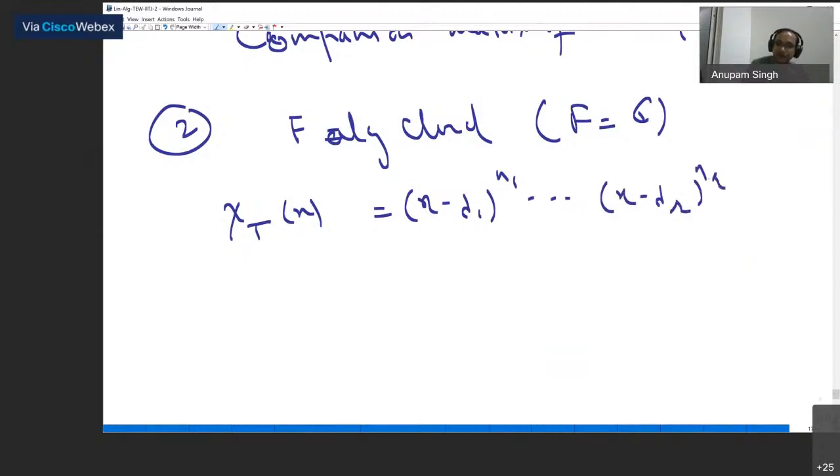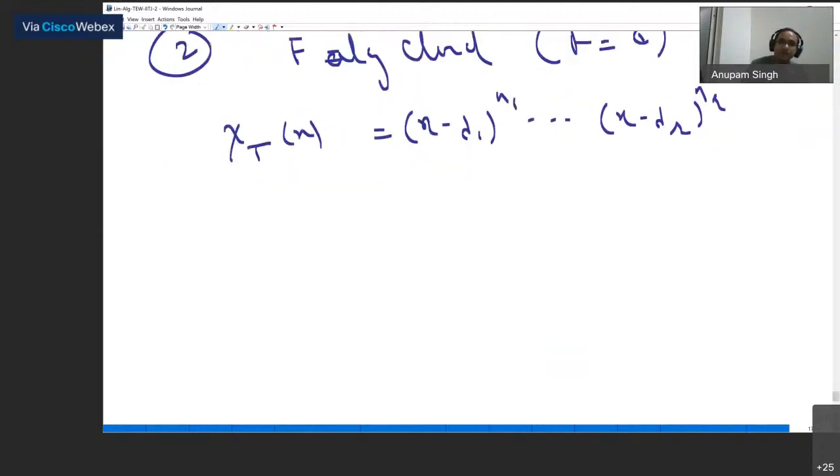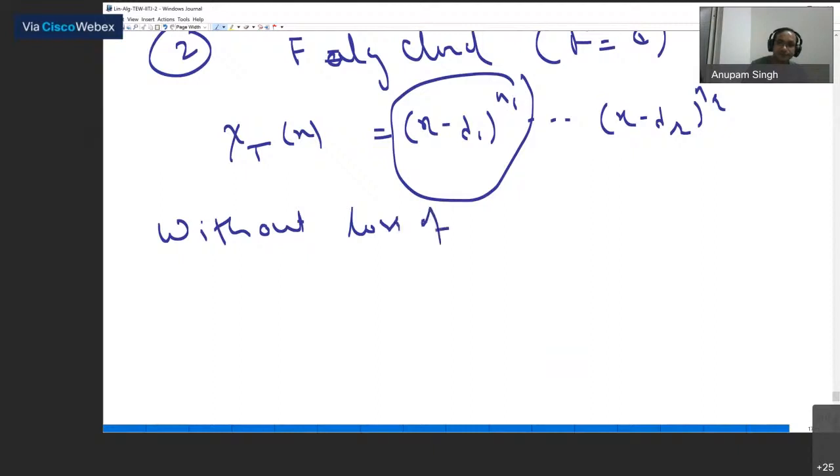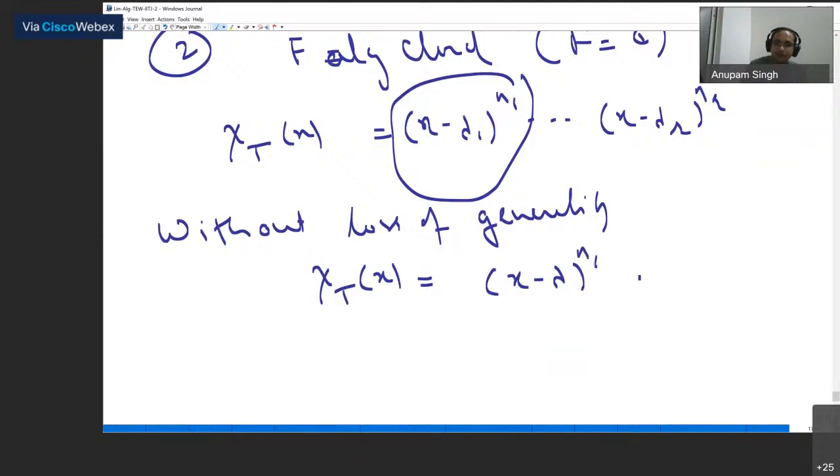But I can apply primary decomposition and look at only one component. So let's assume, without loss of generality, that chi T of x is a single polynomial, (x minus lambda) to the power whatever I have, n1 or n, doesn't matter. I can take just n, right?